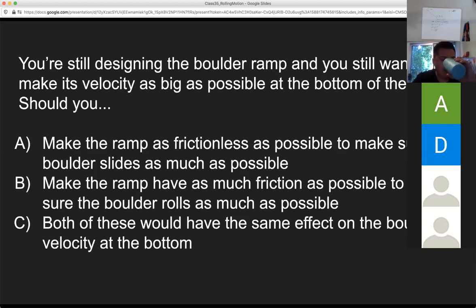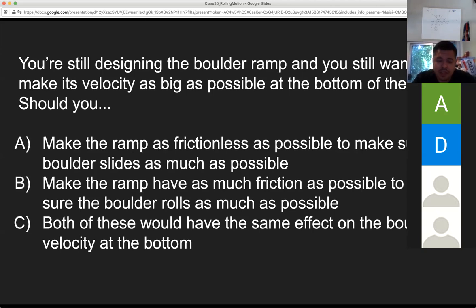So what about rolling friction? Yeah, because of rolling friction, that's why I chose B, because I was thinking about tires. If you have kinetic friction, in other words, the tire spinning, I assume it wouldn't pick up as much velocity.